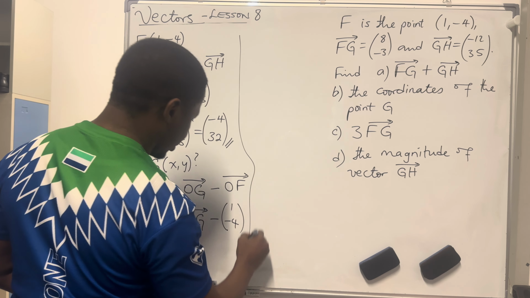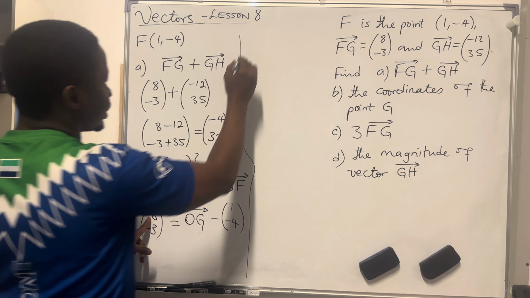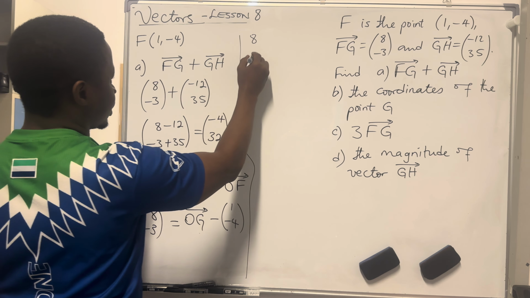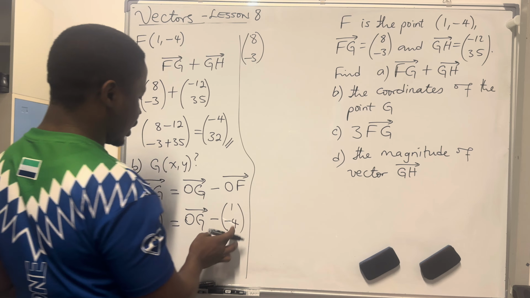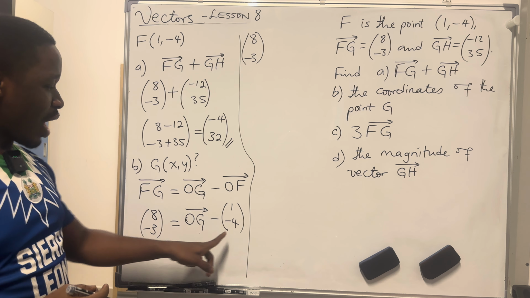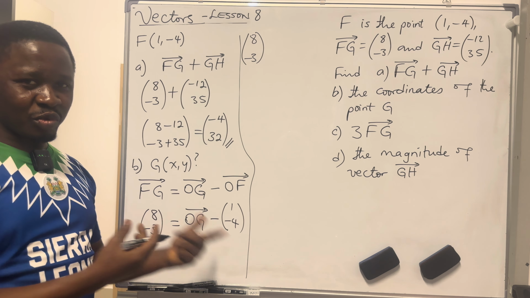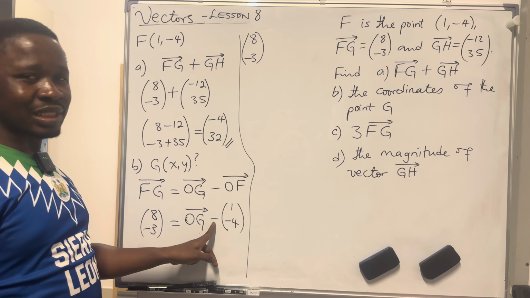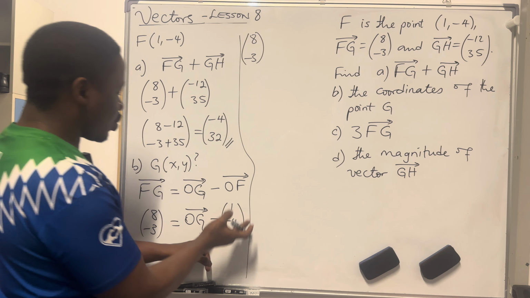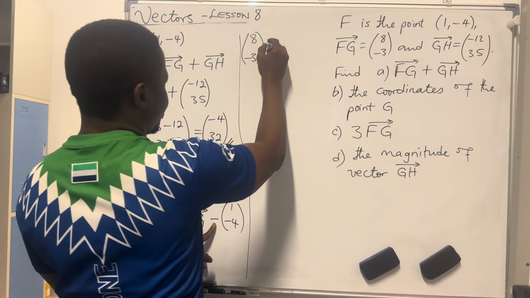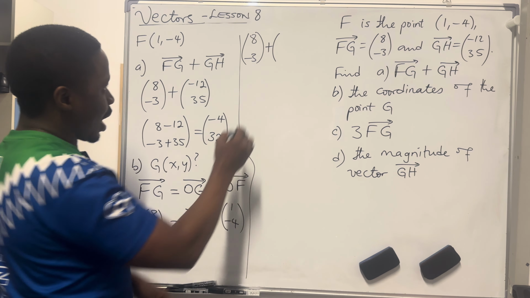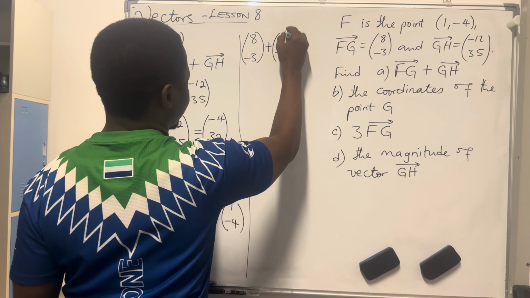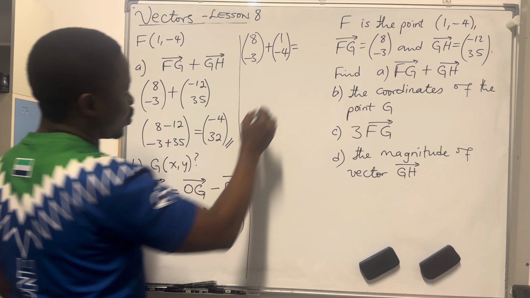So the next thing is (8, -3). Let's move this to the other side. When moving this one, some people make this mistake. We don't change the inner signs, we change this sign. So if this one goes to the left, plus (1, -4), which is equal to OG.